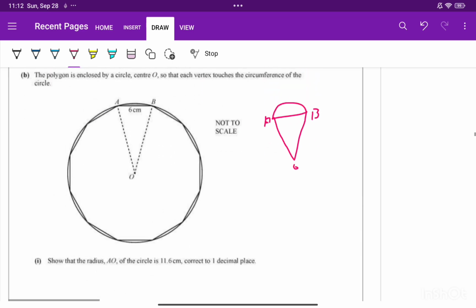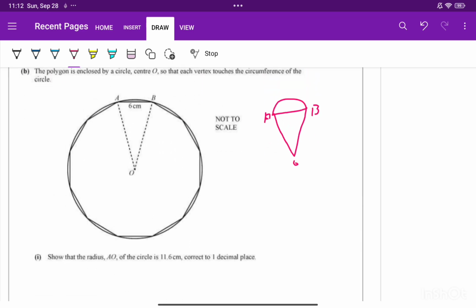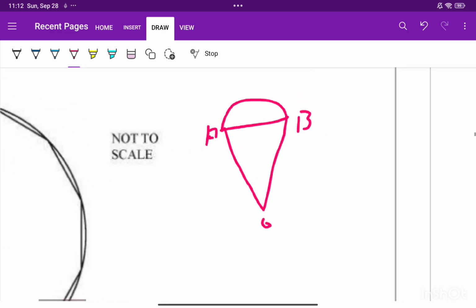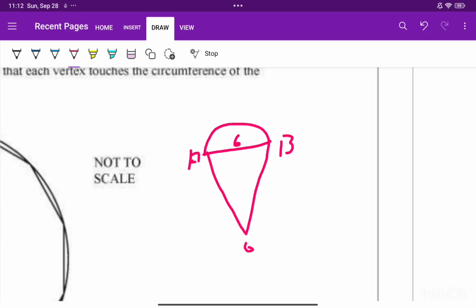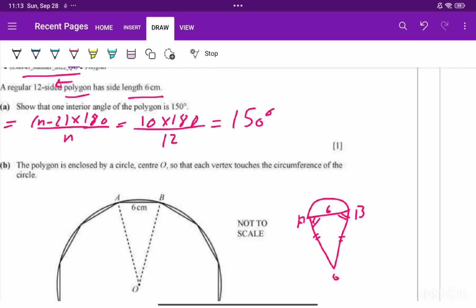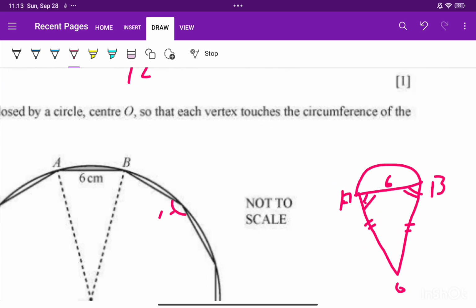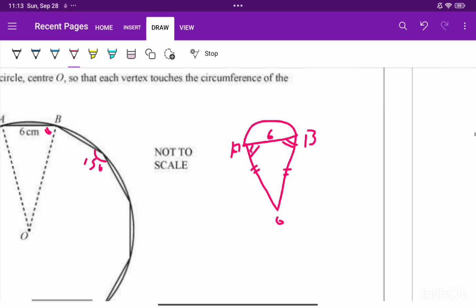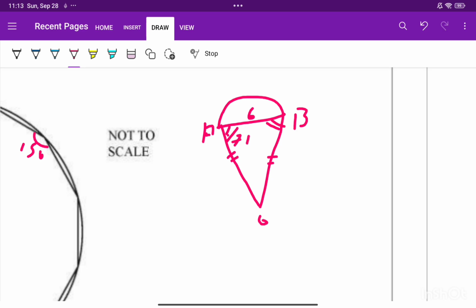So part i, show that the radius AO of the circle is 11.6, correct to 1 decimal place. Okay, so we know AB is 6, and AO is a radius, so OB will also be a radius. So these two sides are equal because this triangle is isosceles. One interior angle was 150, so 150 divided by 2 gives ABO, which is 75.